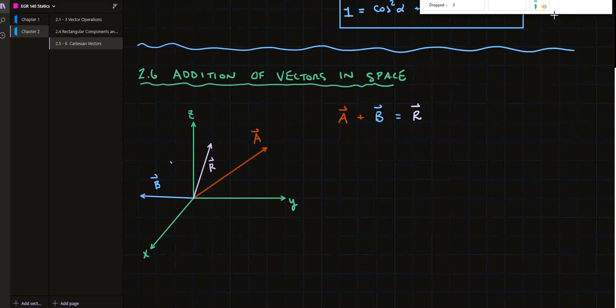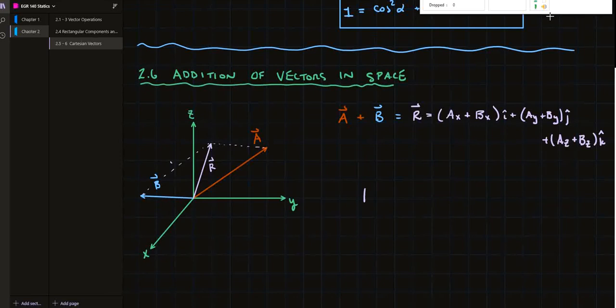What's going to happen is you can kind of draw a parallelogram here in space to see how that works. But to pull this off, all you have to do is sum the components along each axis. So sum the components in the x direction, sum the components in the y direction, sum the components in the z direction.